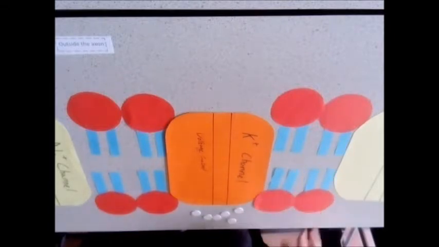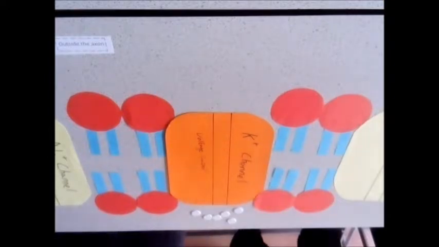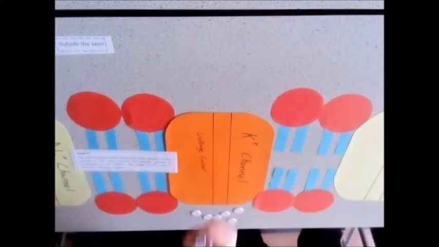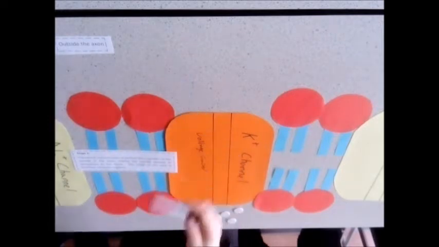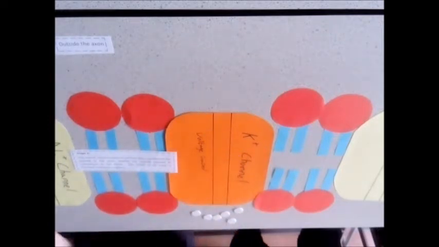It's always worth remembering that whenever we're talking about different numbers of ions, or different numbers of anything, being higher or lower, at some point we're going to be talking about diffusion, and whenever we talk about diffusion, we talk about things moving down concentration gradients. So, the overall charge of positive ions is greater on the outside of the axon than the inside, making the outside relatively positively charged and the inside relatively negatively charged.